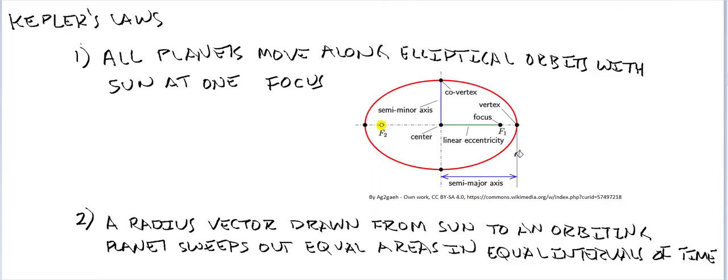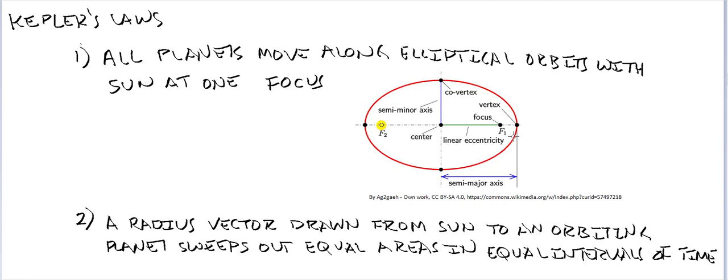Just for completeness's sake, note that I borrowed this image from Wikipedia, so there is the attribution, but this is an elliptical path, right? And so if this is the sun, the sun sits at one of the foci, the planet would orbit on this path.